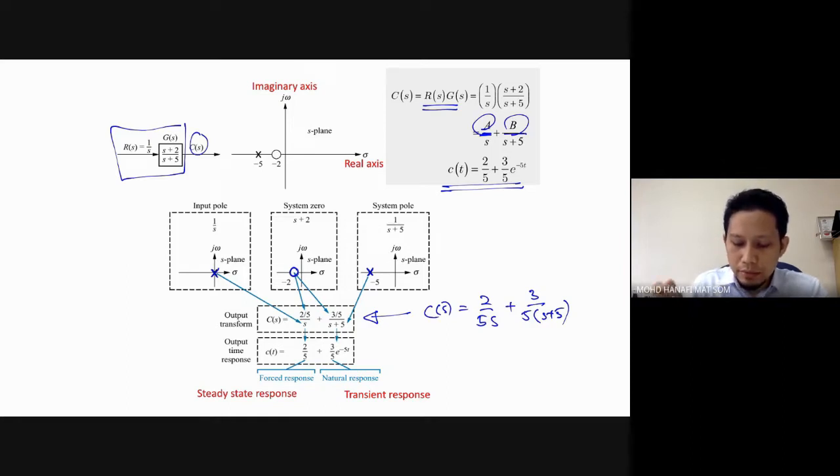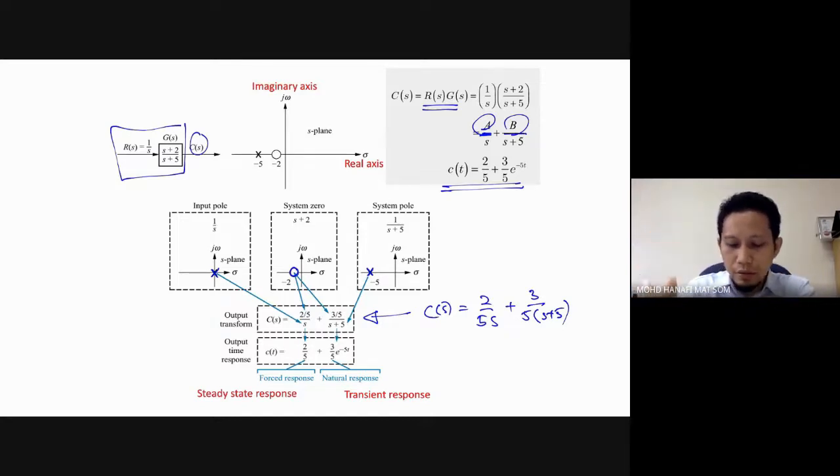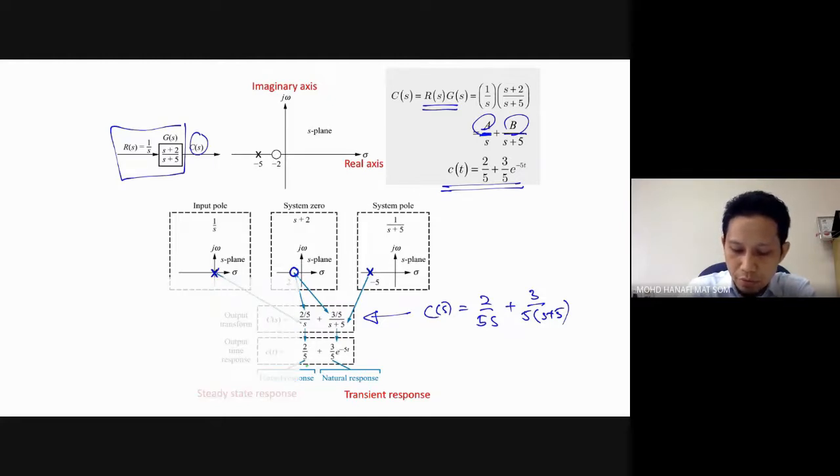Okay, this output time response, we can classify into two types of response: the first one is the forced response, and the second one is the natural response. The forced response is this, and the natural response is this one.